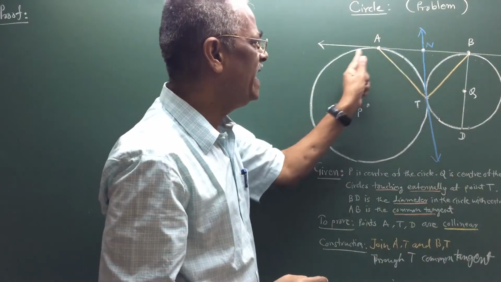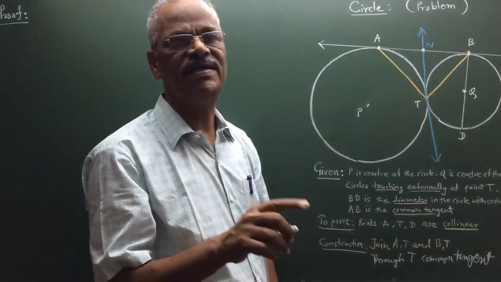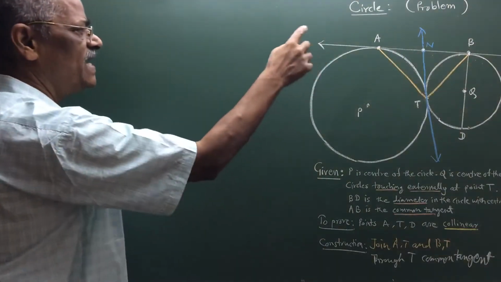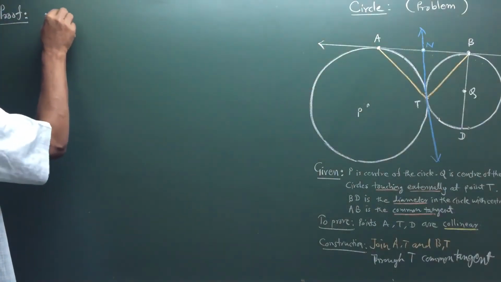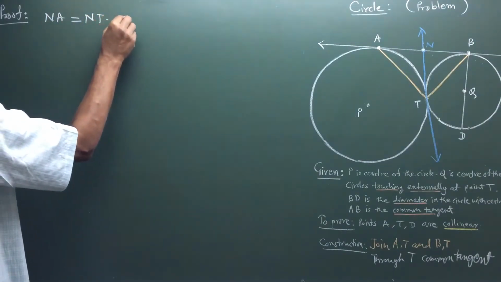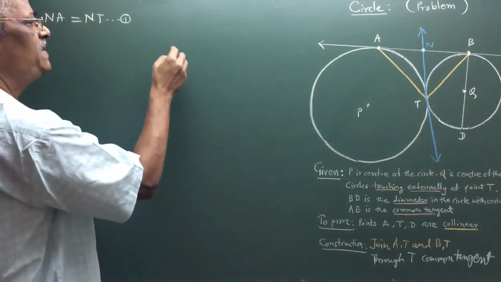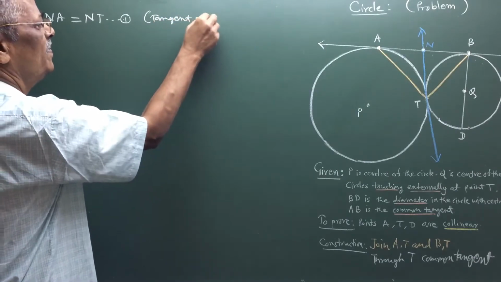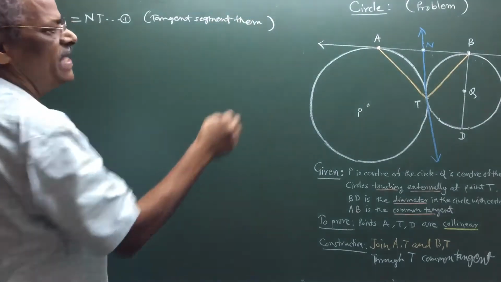Now, NA and NT are tangents to the same circle. They are definitely equal. We know that theorem. So NA is equal to NT. Reason: tangent segments are equal, by the tangent segment theorem.